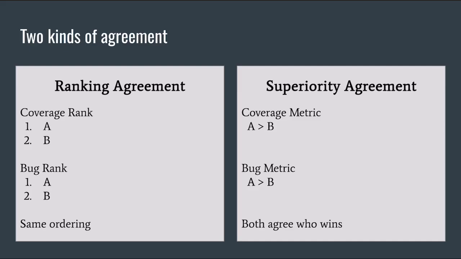That statistical significance part matters because fuzzing is noisy, and you can get random wins just from luck in one run. So the authors only count superiority when the evidence is strong enough. In short, ranking tells you whether the overall leaderboard matches, and superiority agreement tells you whether my fuzzer beats the baseline claim stays true when you switch from coverage to actual bugs.